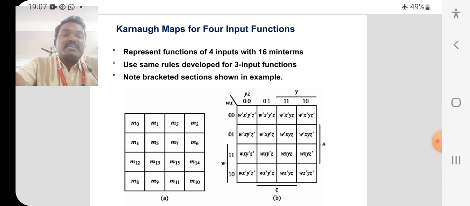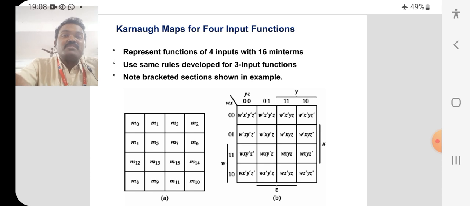There are A, B, C, D. Not only A, B, C, D, you can assign any names, like D, E, F, G or W, X, Y, Z, any value. Simply, I am mentioning the 4 variable names as A, B, C, D.